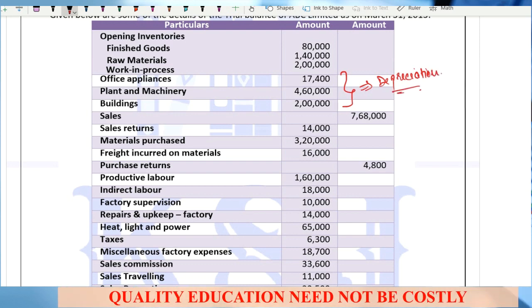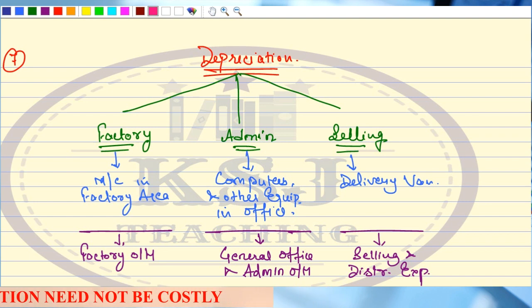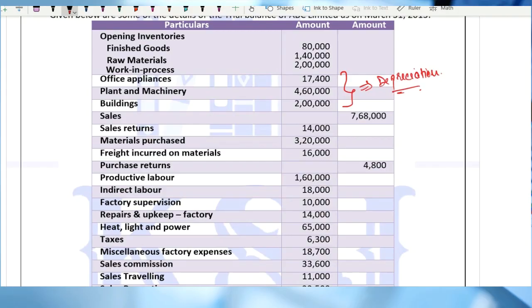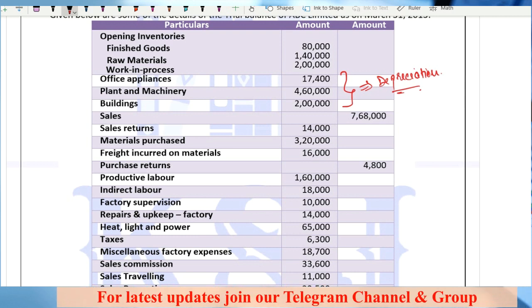Right? Now what is to be taken? You said depreciation of factory to be taken in the factory overheads, administration in general administration, selling and distribution. But here, how are we going to calculate depreciation and how are we going to treat depreciation? Read the question carefully. Complete question first, right?